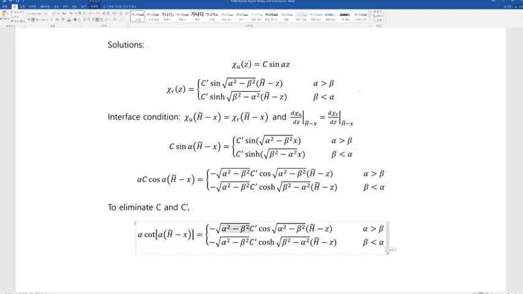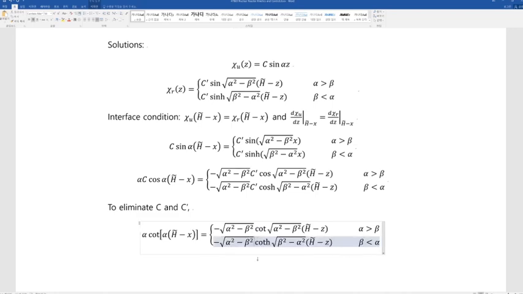C prime will disappear, and what will remain would be hyperbolic cotangent of this value, when beta is bigger than alpha.